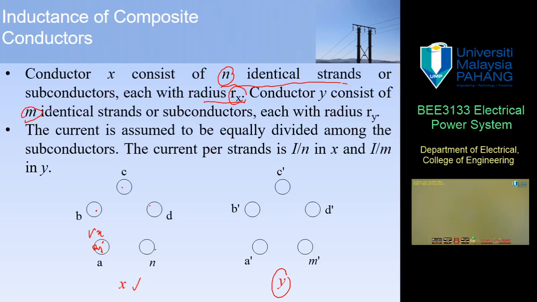We just change from n to m to differentiate the two types of cable. Each of the m strands has radius ry. The number of identical strands in Y is m, and in X it is n.